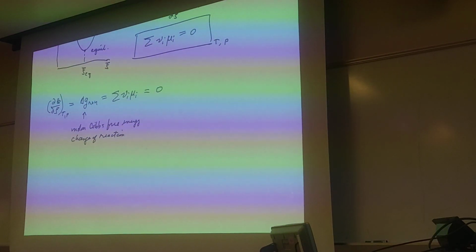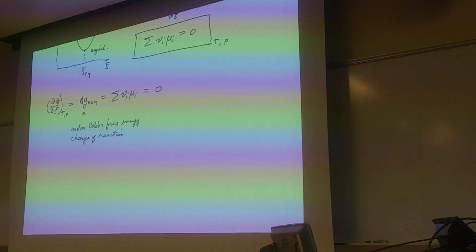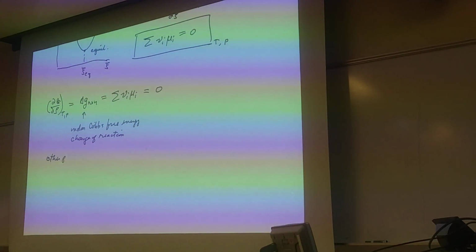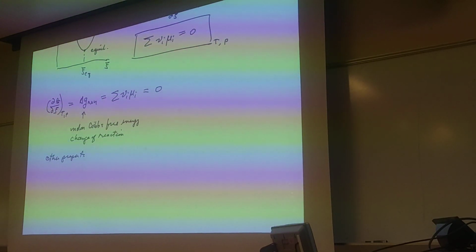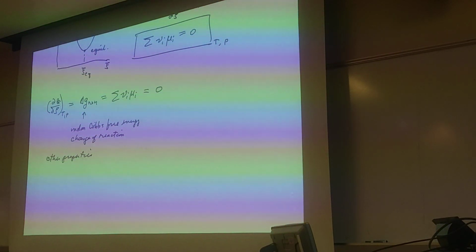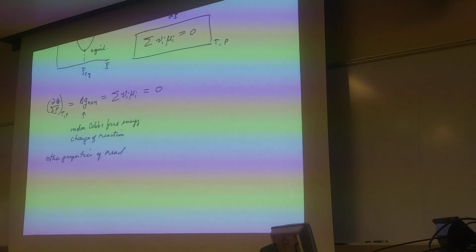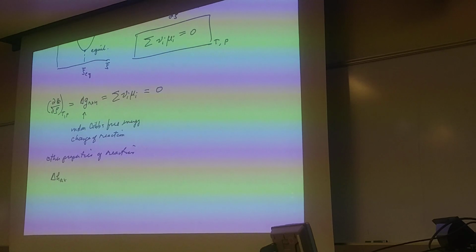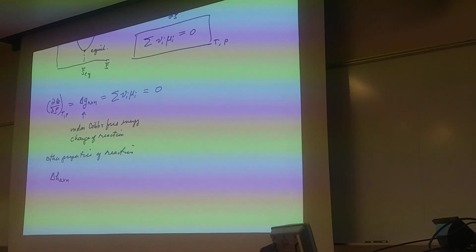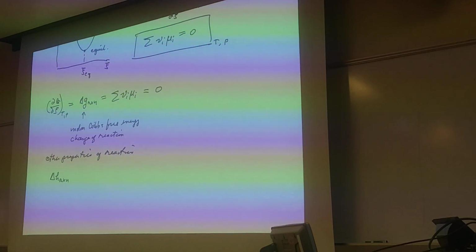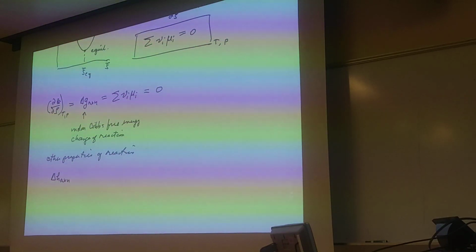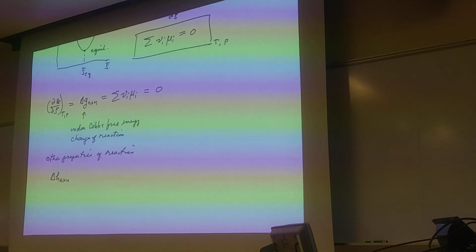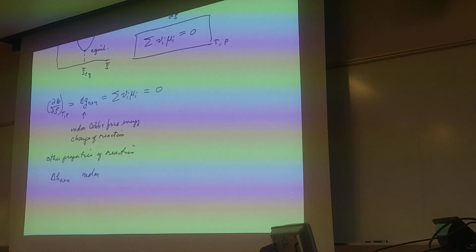Now, just as an aside, I can write other property changes of reaction as well. Some of these are going to be of interest, some not. So I can have ΔH reaction, and what we understand that to be is the molar change in the system enthalpy per mole of reaction, and we call that the molar heat of reaction.